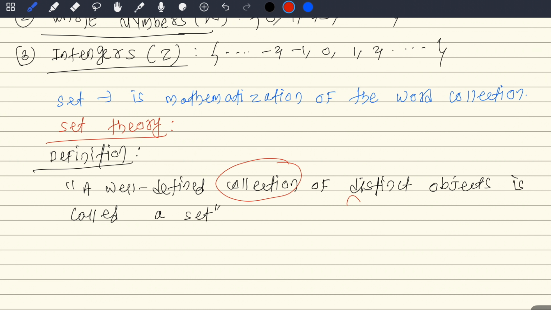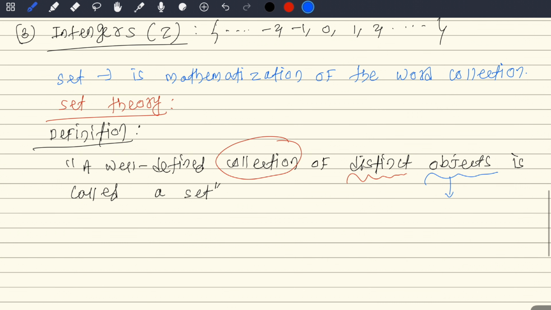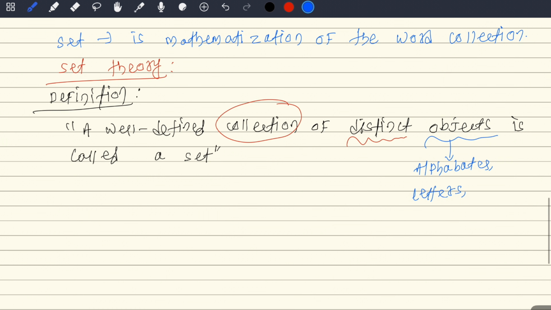Distinct means different. Then what is meant by object? Here object means, as in science, any living or non-living thing. That means you can have alphabets, letters, numbers, etc. This is what objects mean in mathematics.